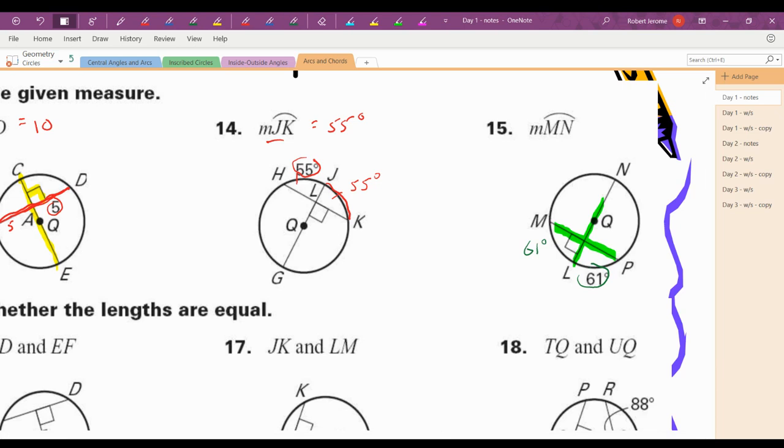In this question, we're looking for arc MN. Well, this is going to come back to an older question. Look at arc MNL. That's 180. So what we're going to have to do is 180 minus the 61, leaving us, what do we get? Leaving us 119.